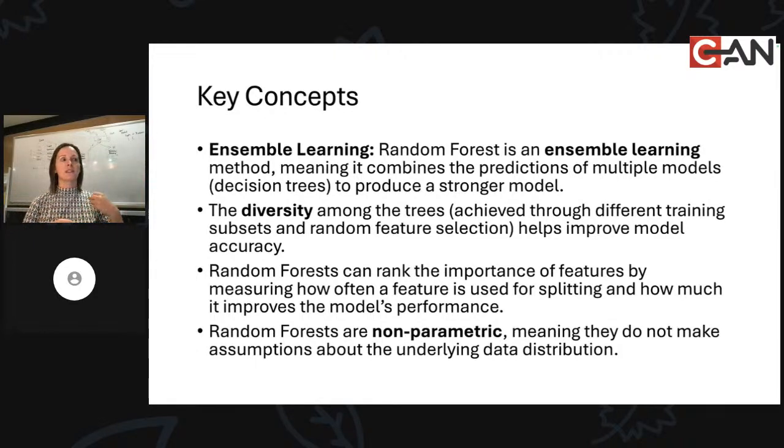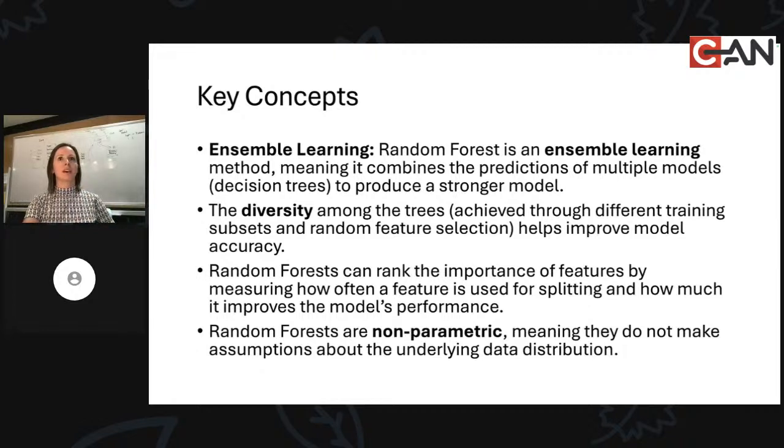And which one is used most often and has the greatest improvement in the model's performance, i.e. the greatest reduction in entropy, it makes the system more ordered. That is how we can very quantitatively define feature importance.